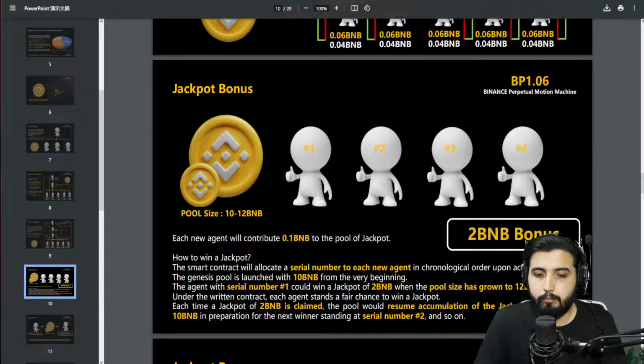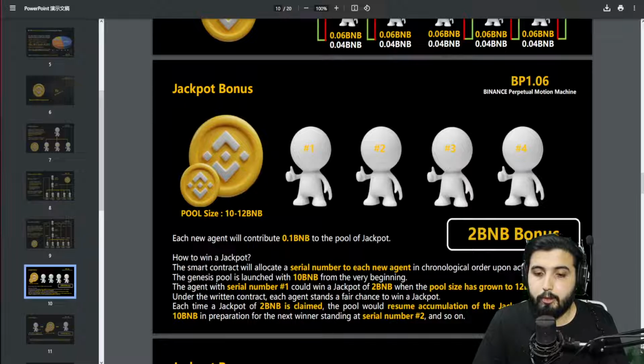So if you have the serial number 1, and if the prize pool reaches 12 BNB, then you get 2 BNB as a jackpot bonus. And then under the written contract, each agent stands a fair chance to win a jackpot.